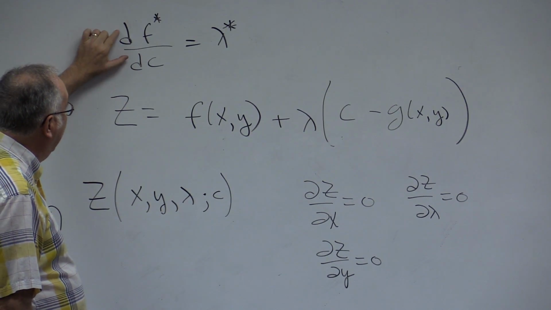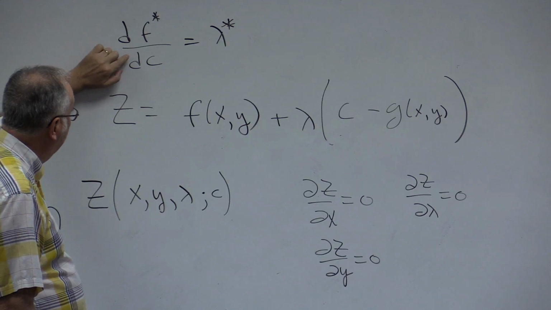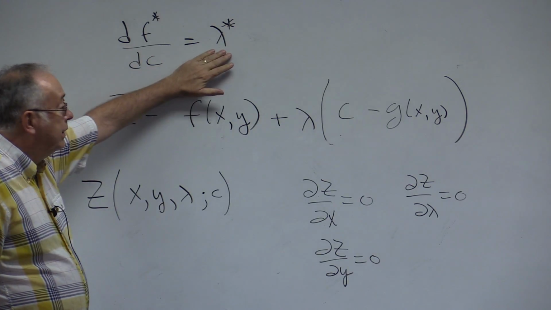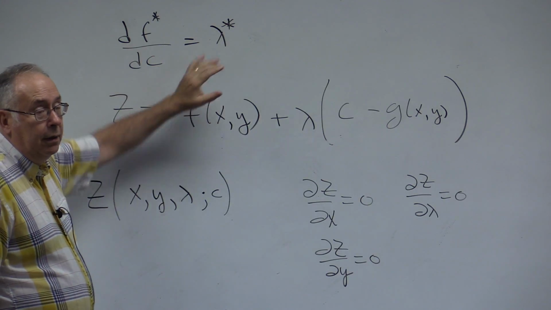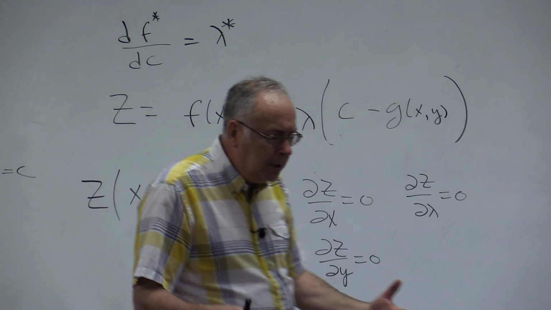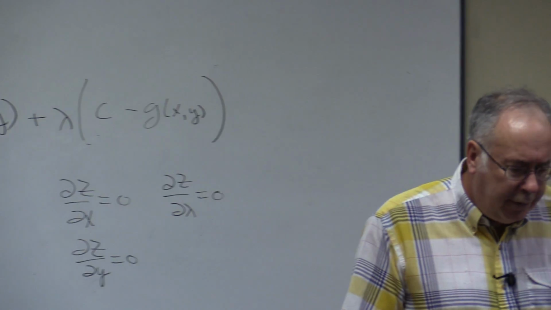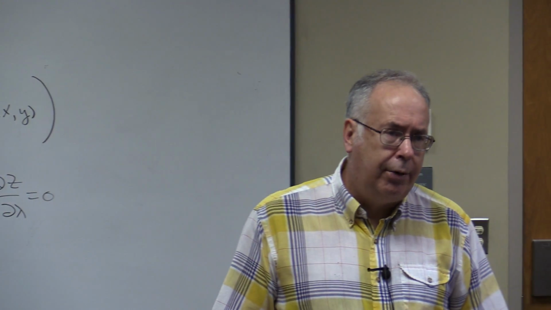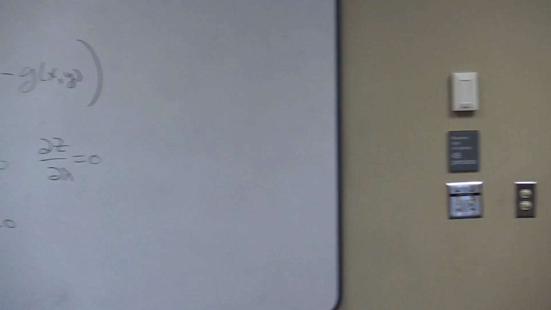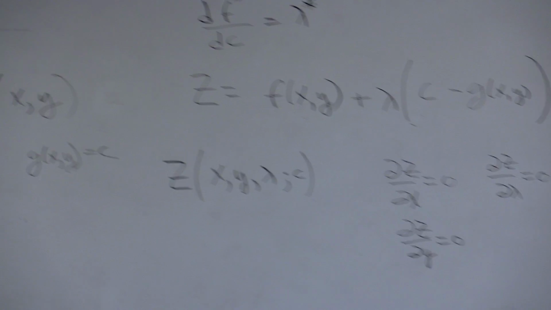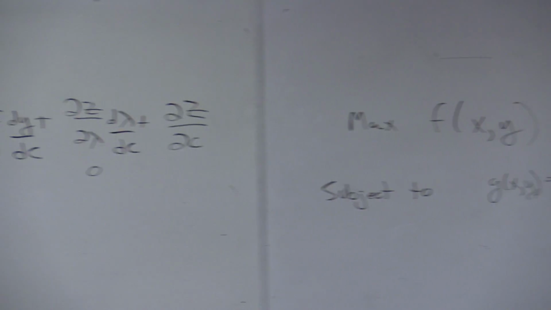The derivative of the optimal value of your objective function with respect to the constant is just lambda star. That is really using the envelope theorem. The envelope theorem says the total derivative in an optimization problem is just going to be the same as the partial derivative, because all these terms drop out. So the total derivative will just be the partial derivative.